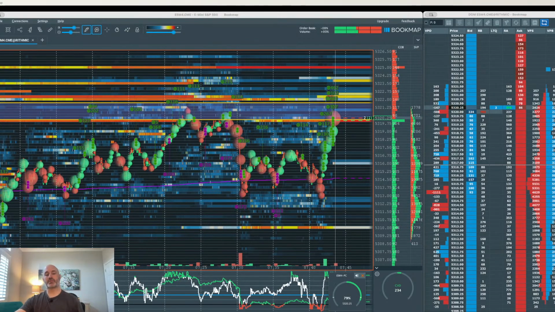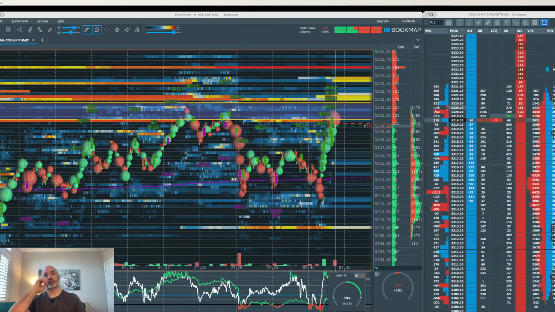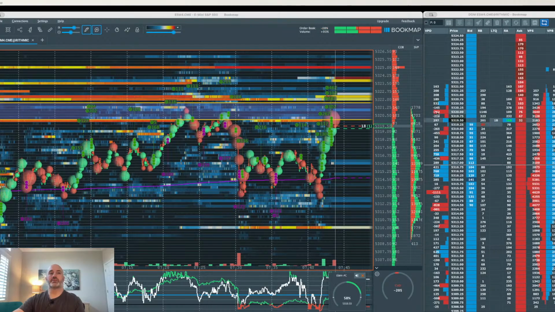All right, so 53.2150 is the high of day. It looks like it's going to try to break that. Look at all this volume up here.